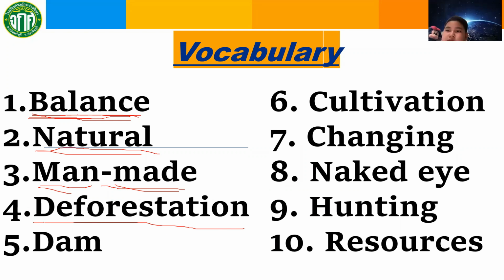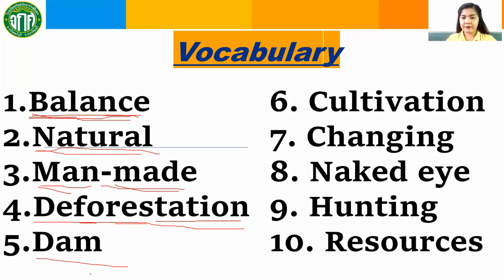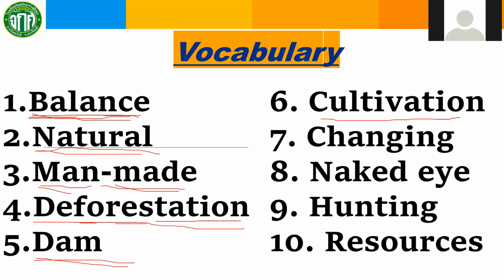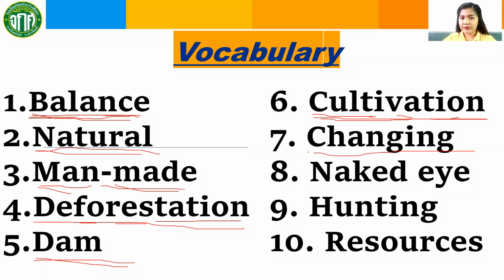Okay, let's do it slowly. Number 5, dam. Number 6, cultivation. Let's do it slowly. Cultivation. All right, very good. Number 7, changing.